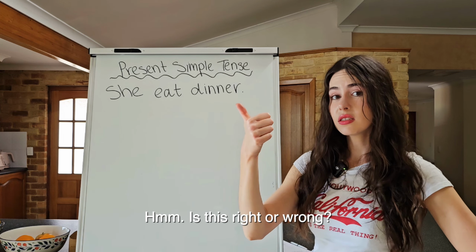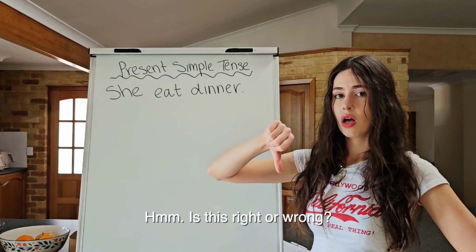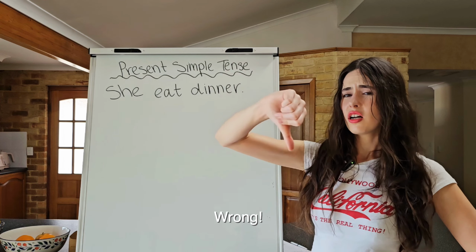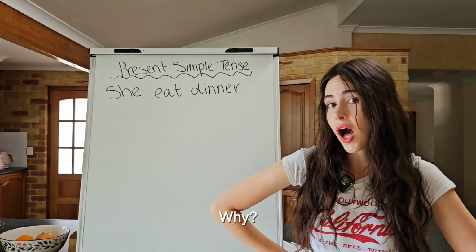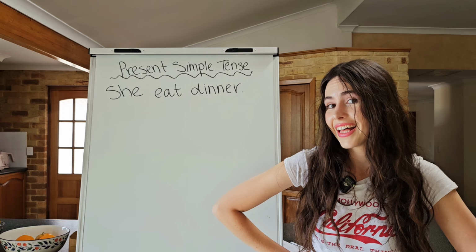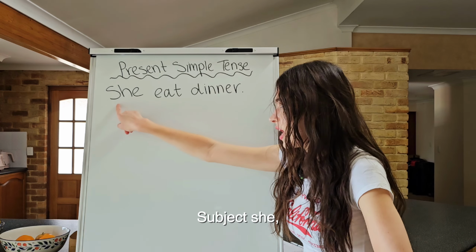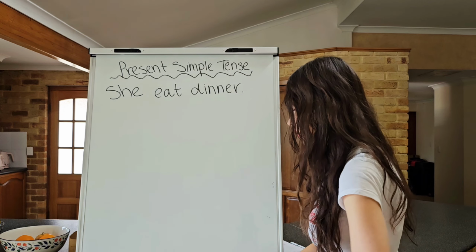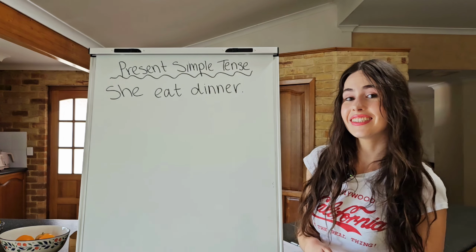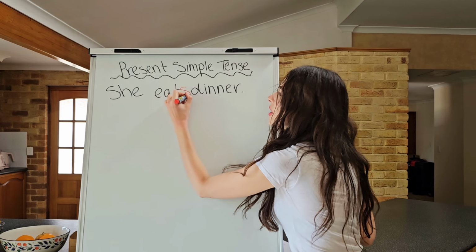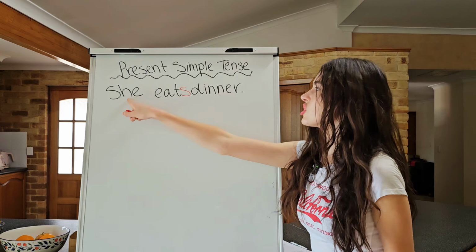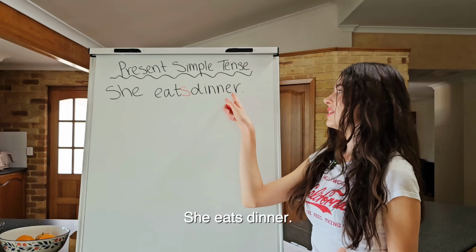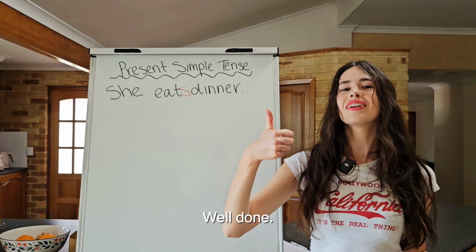Is this right or wrong? Wrong. Why? Subject, she, he, it, plus S. She eats dinner. Well done.